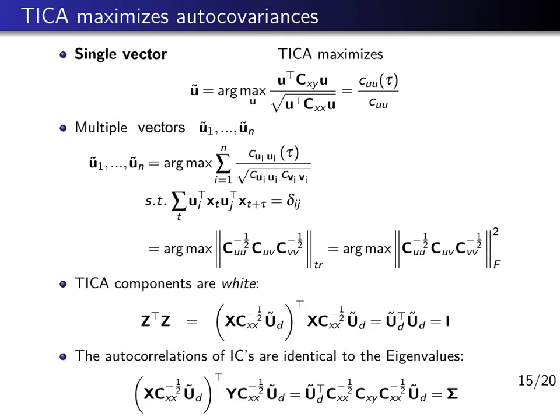For TCCA, so in the non-reversible, non-detailed balance case, we do not have such a simple interpretation in terms of autocorrelation because we find two sets of vectors that are maximally correlated in time, but the notion is similar as for TICA.